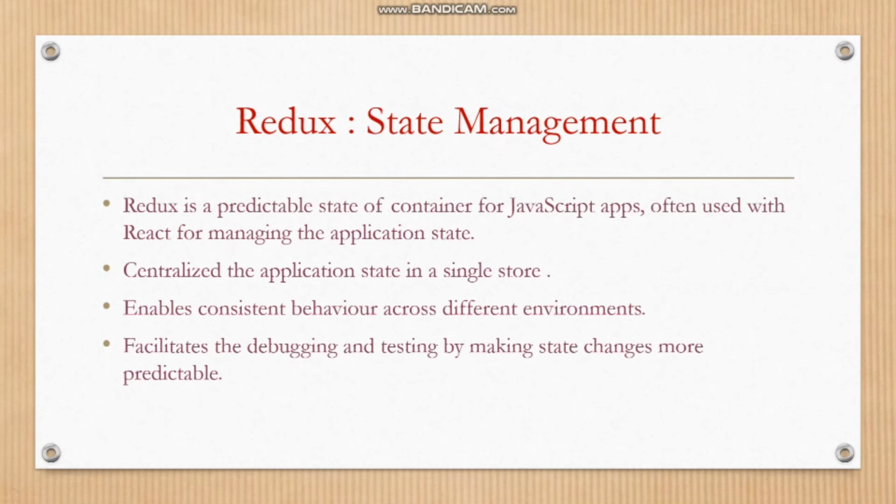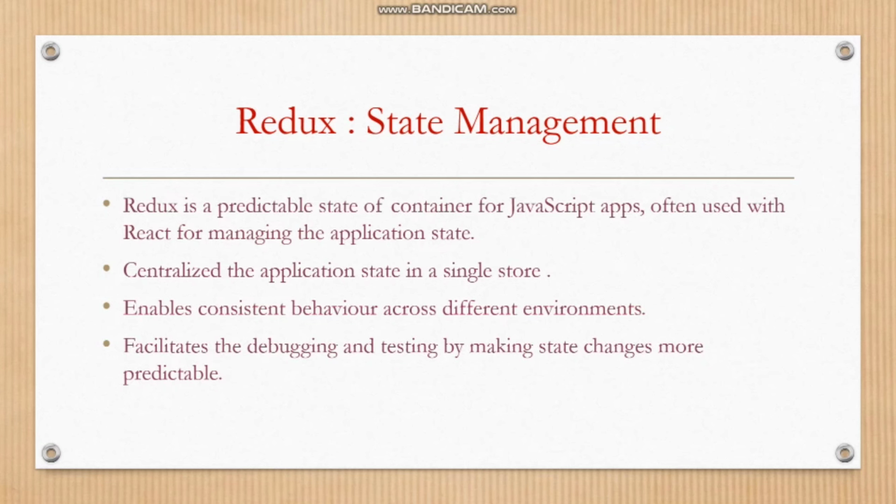Now let's move on to Redux. What is Redux? Redux is basically used for large scale websites to manage all the states. It is state management, right? Redux is a predictable state container for JavaScript apps, often used with React for managing the application state.